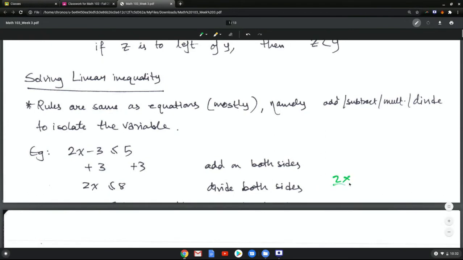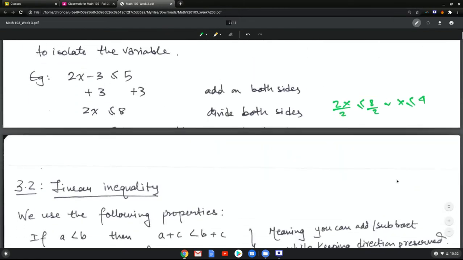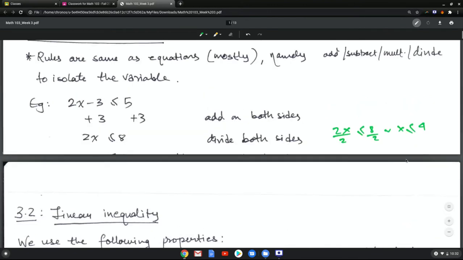So I get 2x over 2 is less than or equal to 8 over 2, or x is less than or equal to 4. This on the number line is going to look like the number 4 included and everything else to the left. Okay, it can also be sketched in this form.